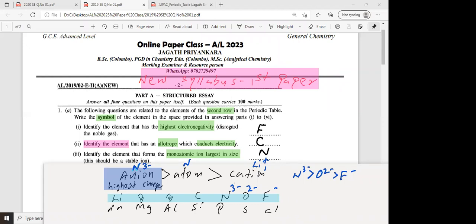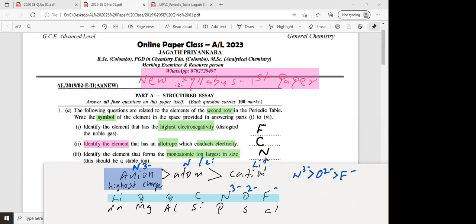If you take the atom and the cation, Li plus is smaller than Li, and N3 minus is greater than N. That is important.